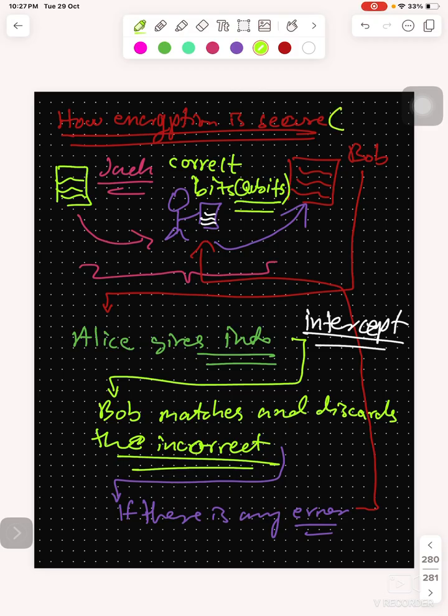It's called QKD, quantum key distribution, and it's one of the secured ways: if someone is intercepting, the answer will not match at all.